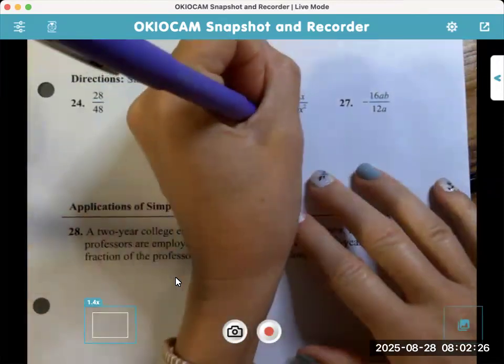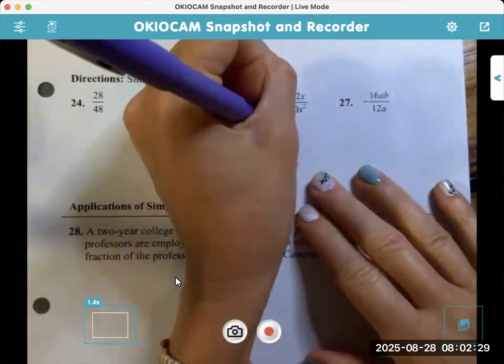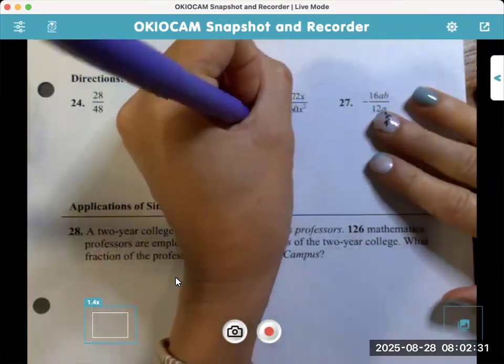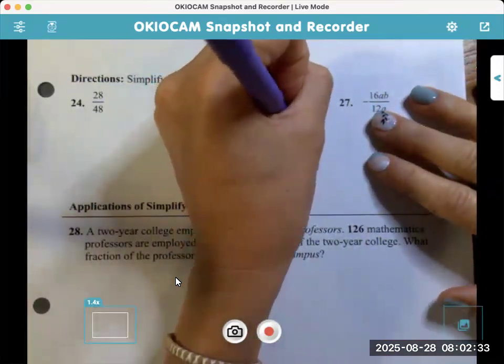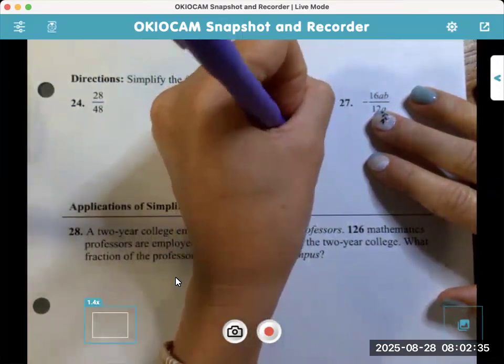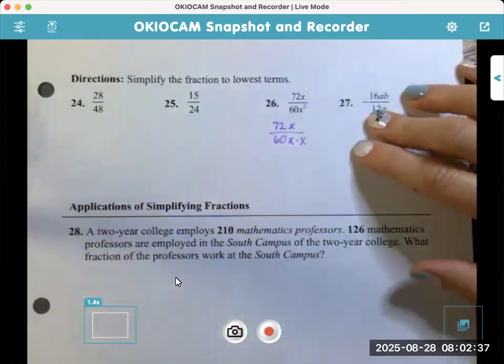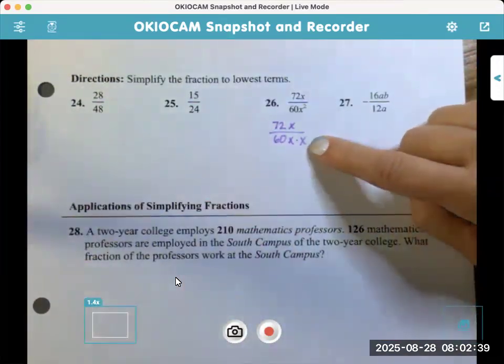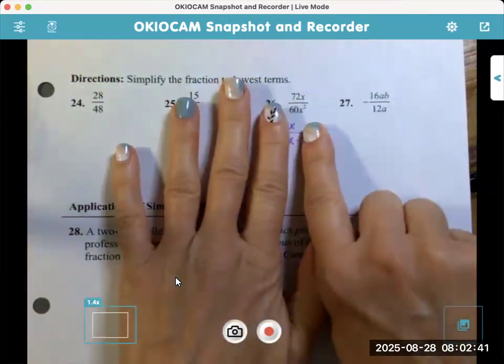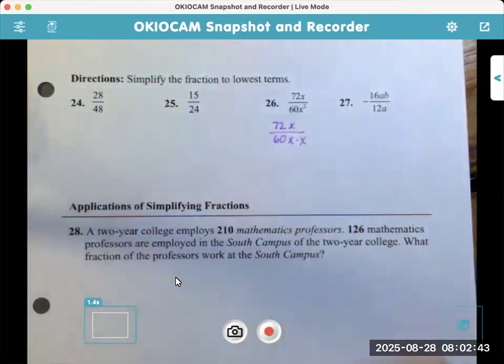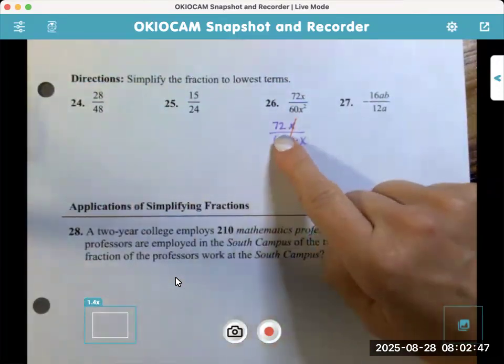So if you want to think of it in terms of, this is 72x over 60 times x, because x squared means that I have two groups of x's. Well, here I have an x over x, so that can reduce out. 72, let's see.